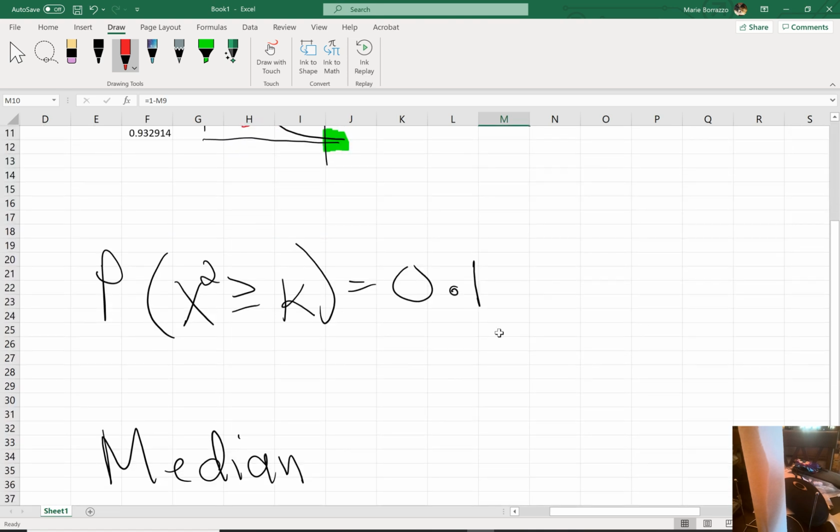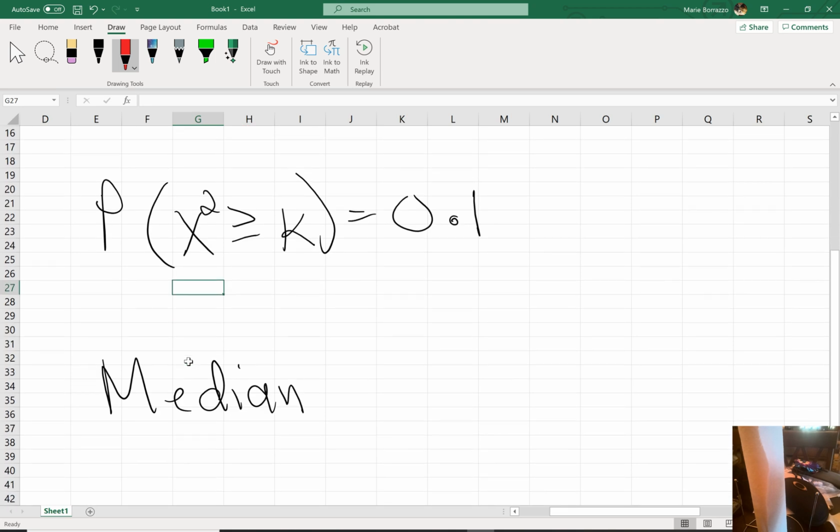Now over here where they're giving you the 0.1, this time you're going to use chi inverse. As a matter of fact, you're going to use chi inverse for the next two. And for the median, we're always assuming 0.50 because the median is the 50% mark. Let's assume degrees of freedom of 19 for both.